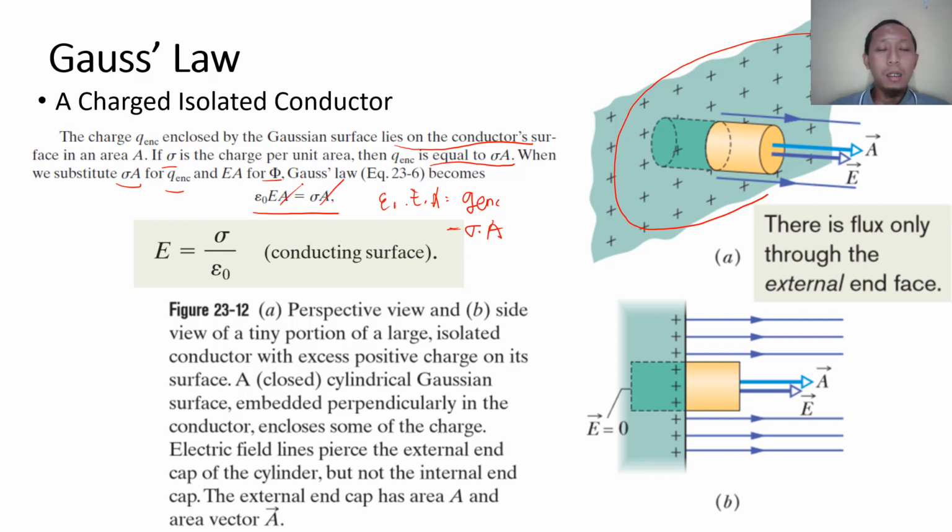So E, the electric field, is sigma per epsilon 0, where this is the conducting surface. So if we have a situation like this, we can calculate the E by using sigma per epsilon 0 here.